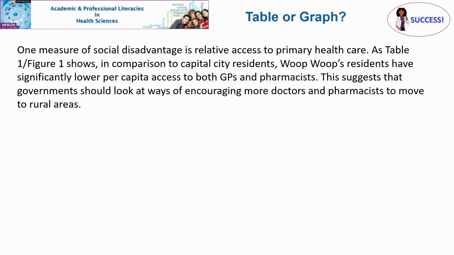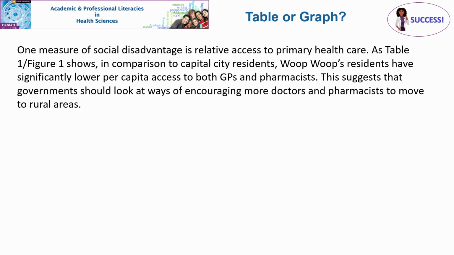As table 1 or figure 1 shows, in comparison to capital city residents, Whoop Whoop's residents have significantly lower per capita access to both GPs and pharmacists. This suggests that governments should look at a way of encouraging more doctors and more pharmacists to move into rural areas.